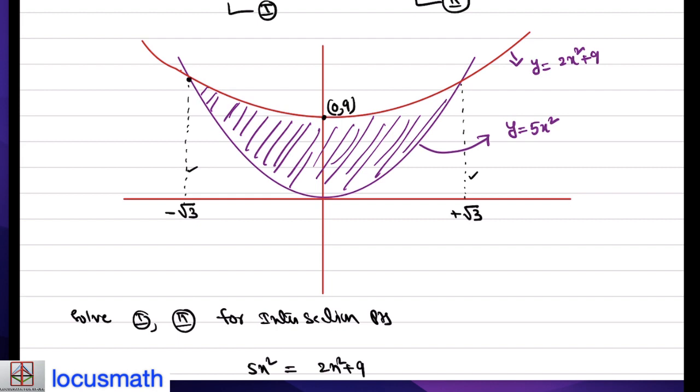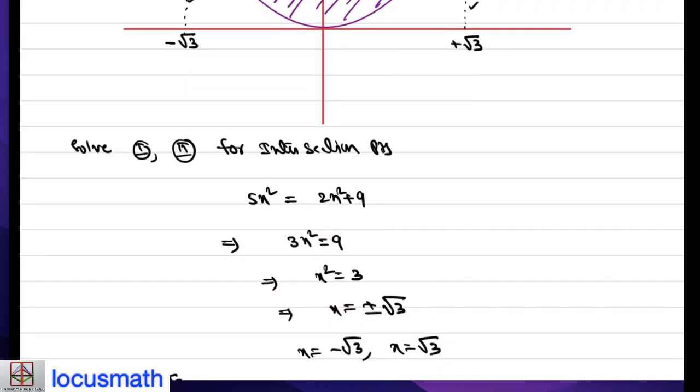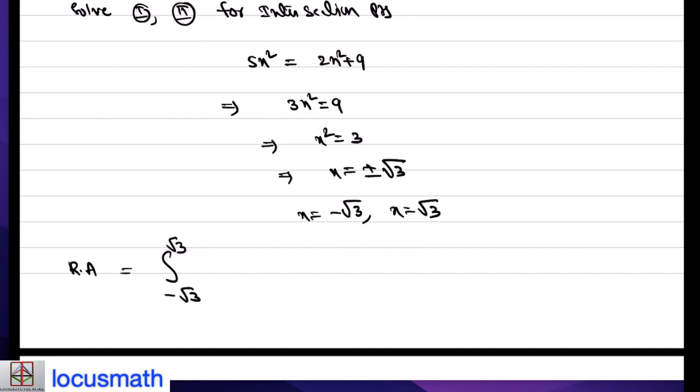And which curve is above here? First what we write is minus root 3 to root 3 of y1 minus y2. In our usual notation we will write minus root 3 to plus root 3 of y1 minus y2 dx.